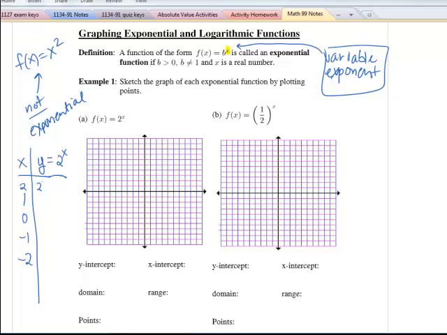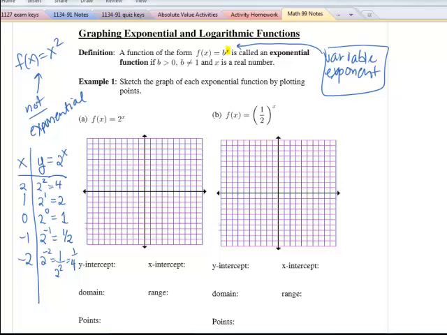Then I would have 2 squared, which would be 4, 2 to the 1, which is 2, and 2 to the 0. Remember, any nonzero base raised to the 0 is 1. 2 to the -1 should be the reciprocal of 2 to the 1, so 1/2. And 2 to the -2 would be 1 over 2 squared, which would be 1/4.